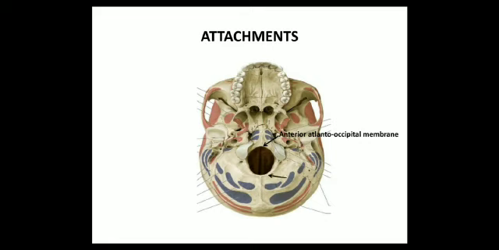The posterior atlanto-occipital membrane is attached on the posterior aspect of the foramen magnum, and the alar ligament is attached on the roughened area on either side of the anterior aspect of the foramen magnum. The rectus capitis lateralis is inserted into the inferior surface of the jugular process of the occipital bone.